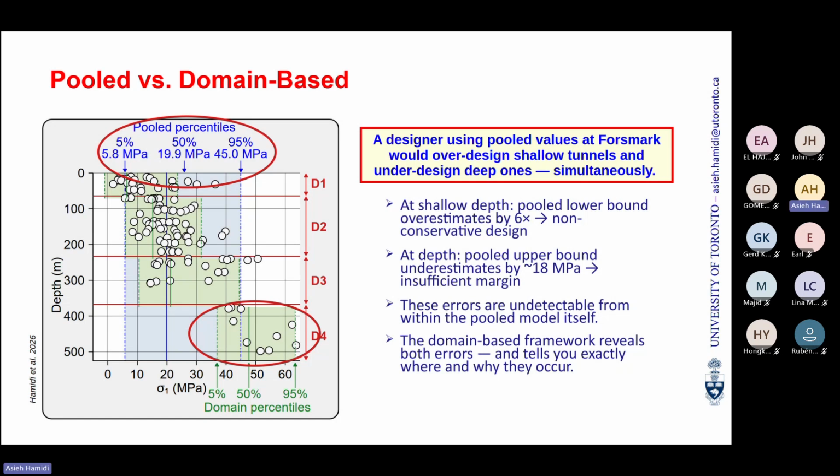I won't go through the numbers in detail, whatever my analysis says. I'm mostly emphasizing how the framework works, how it shows how we should think about our problem, our data, and the design requirement. Here is also another example, where between the depths of probably 220 to 370, the percentiles are different.